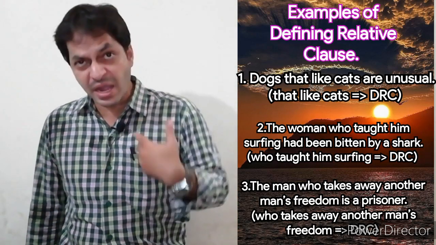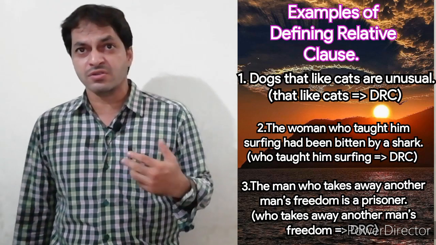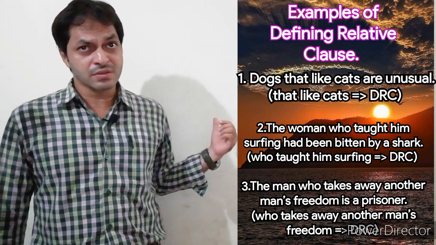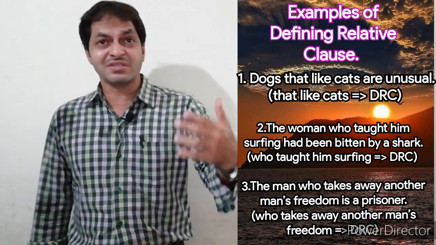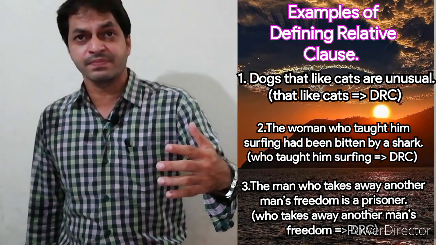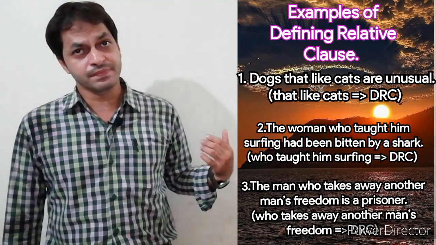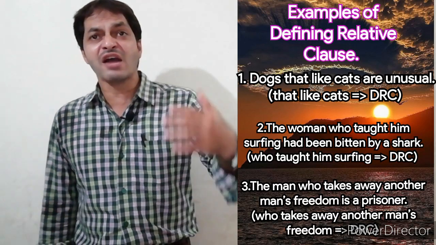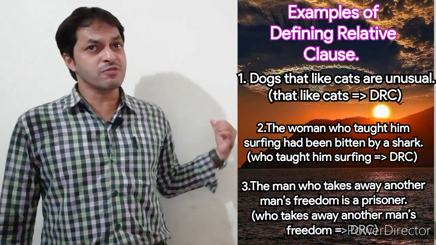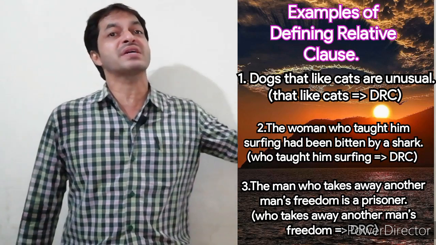Your mother, my mother, your aunt, or my aunt? No. The woman, sir, the very question follows my statement, sir, which woman had been bitten by a shark? Now I have to incorporate defining relative clause. The woman who taught him surfing had been bitten by a shark.